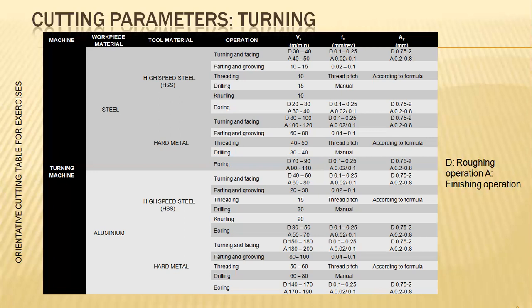Considering the threading at 10 meters per minute, the feed rate, and the thread pitch, as per the formula that we have, n is equal to Vs into 1000 by pi into d.